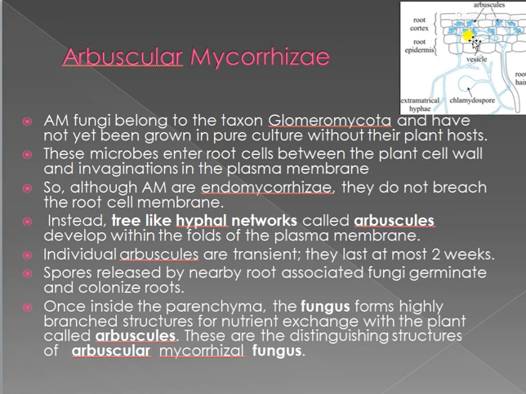These are mainly developed within the folds of the plasma membrane. As a result, the term arbuscular mycorrhiza is used, and this has mainly been formed by the fungal group Glomeromycota. The characteristic feature of this arbuscular mycorrhiza is the presence of these arbuscules.